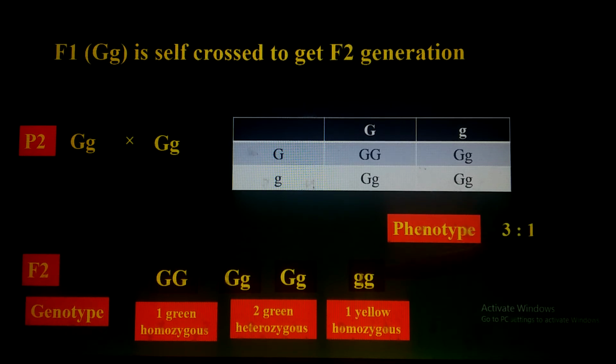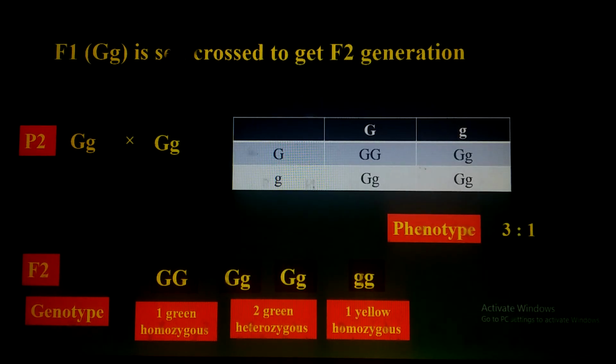Is it clear? So you can see here how many homozygous green, how many heterozygous green, and how many homozygous recessive. You can see just one homozygous green, two heterozygous green, and one homozygous recessive.